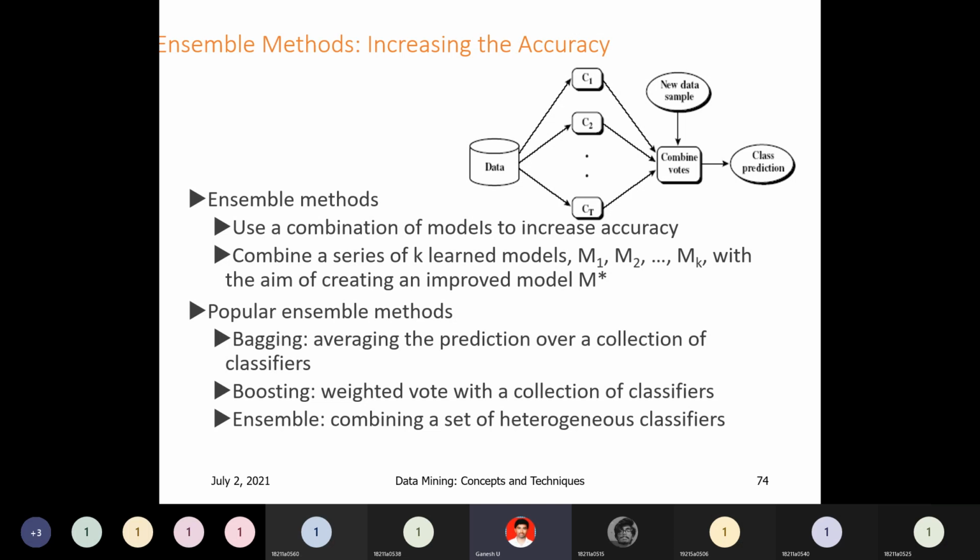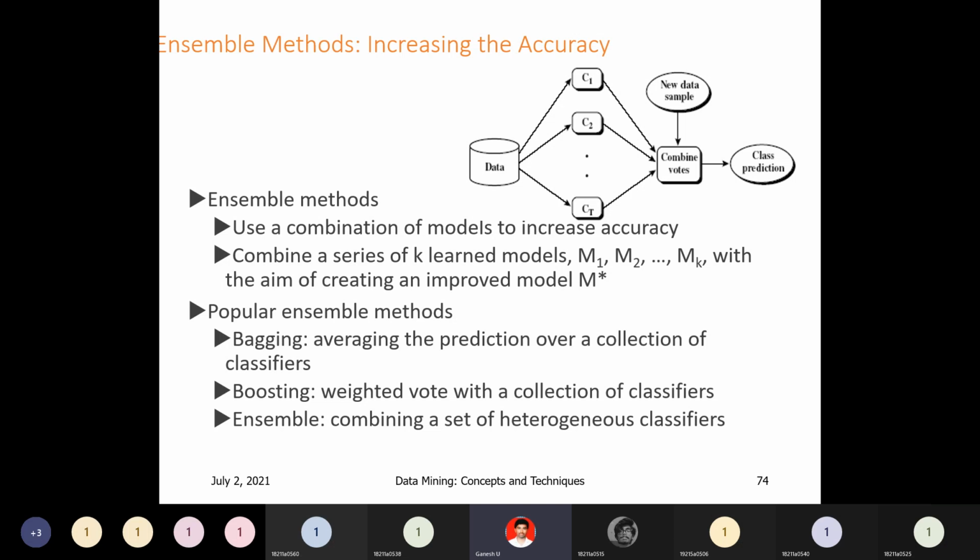Boosting is nothing but the weighted vote. That means using one model you get some accuracy, and that knowledge is useful to create the second model. Obviously the second model is better than the first, and the third is better than the second. Boosting works like this.